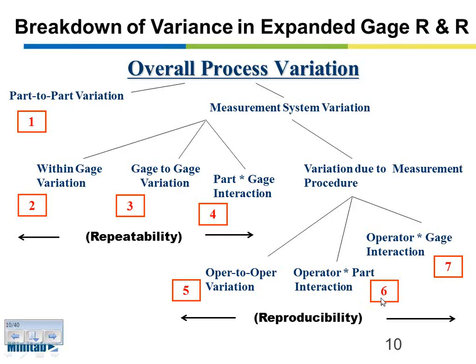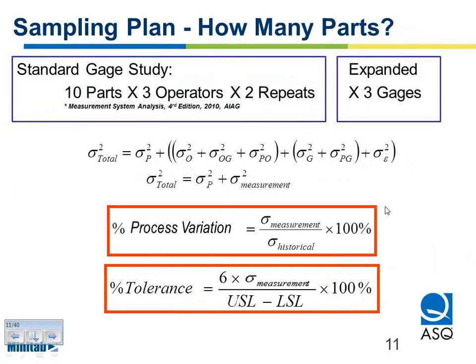What we've added to those 4 components are 3 more: the gauge-to-gauge variability, the part-by-gauge interaction, and the operator-by-gauge interaction. So we now have 7 components that we're going to measure instead of 4. That's one of your key differences.